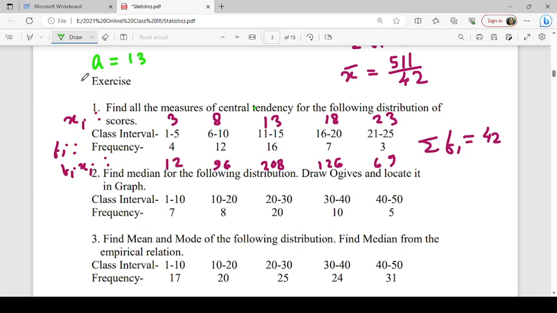Then we need to find di: 3 minus 13 is minus 10. Then 8 minus 13 is minus 5. Then 0. Then 5, and 10. Now we need fi di.